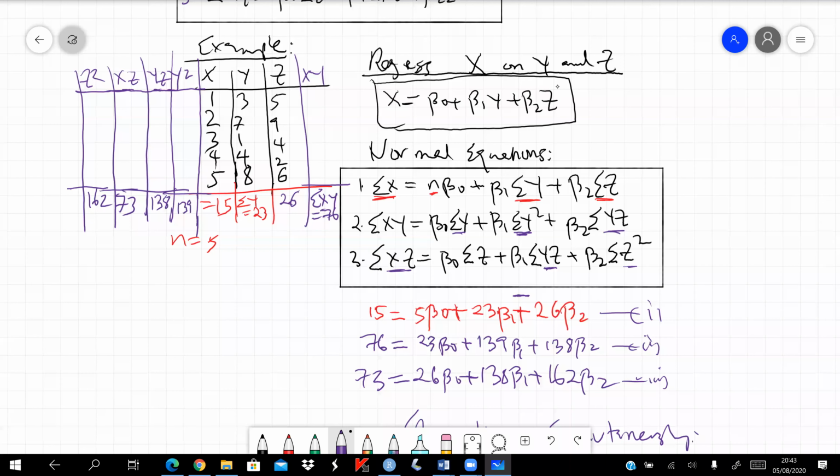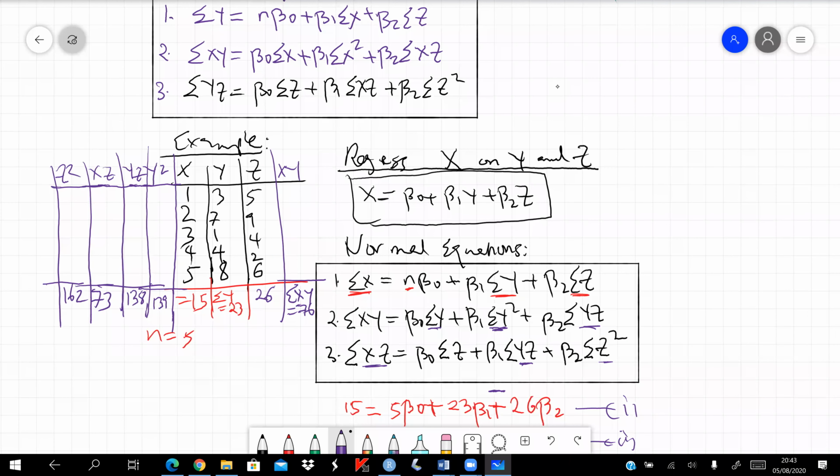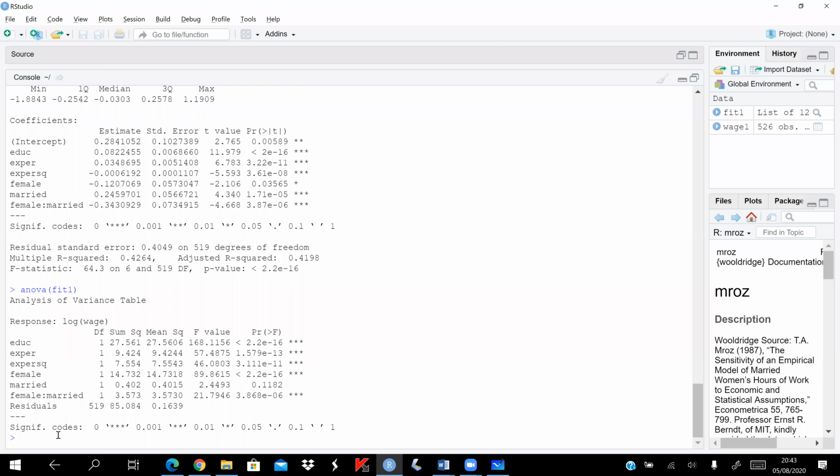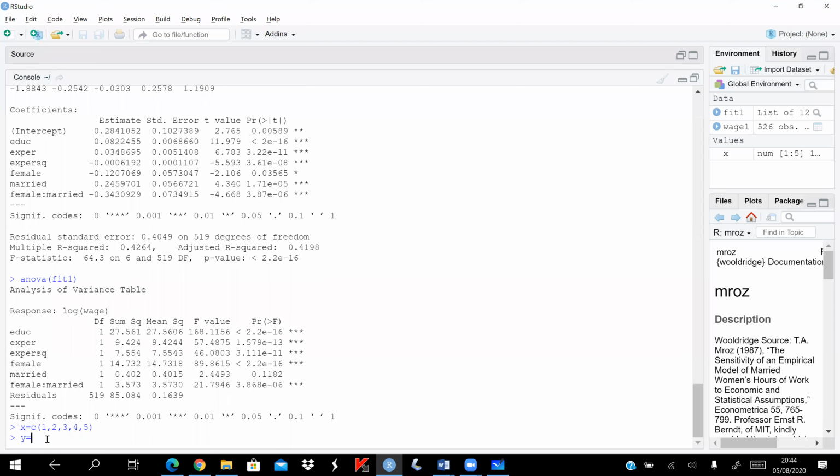I want to do this somewhere here. So I want to define my variable x. Variable x has the values 1, 2, 3, 4, and 5. My variable y has the values 3, 7, 1, 4, and 8.